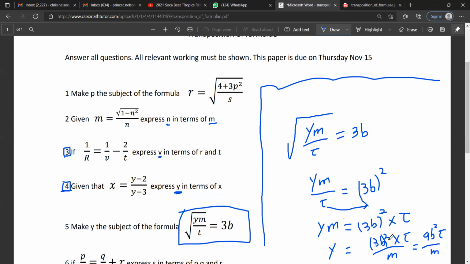Because remember this square here is squaring the 3 and squaring the b. So 3 square is 9 and b square is b square, right? It will be 9b squared times the t. We put it together, all upon m.